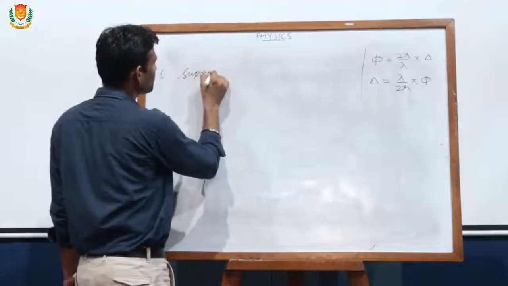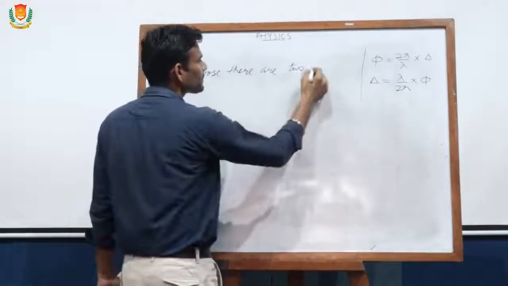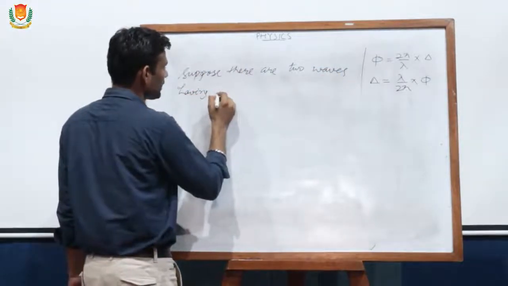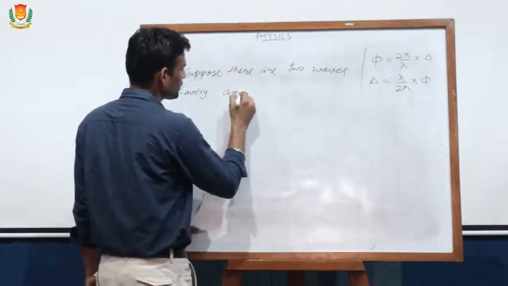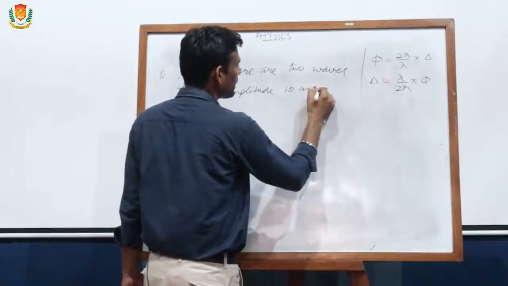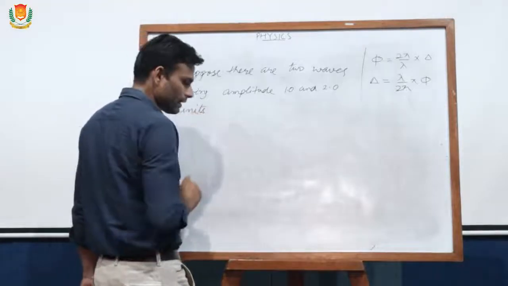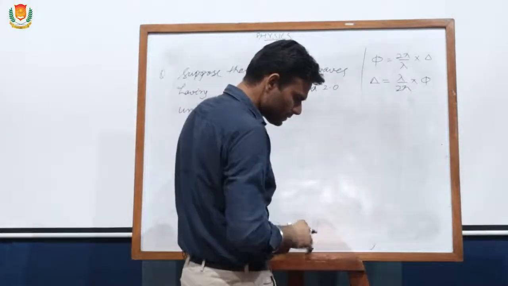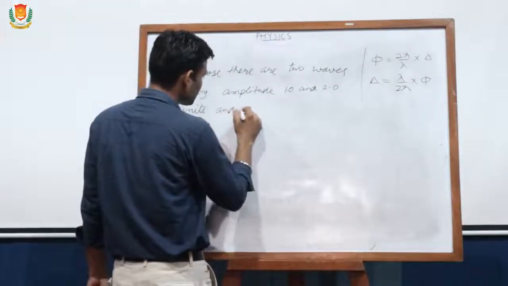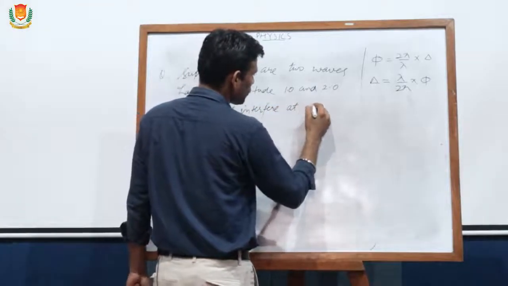Suppose there are two waves having amplitude 1.0 and 2.0 units, and they interfere at some point.